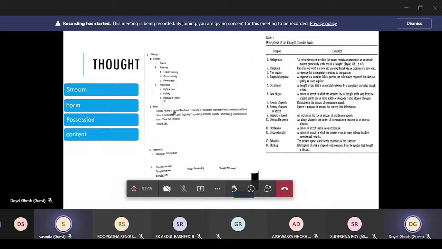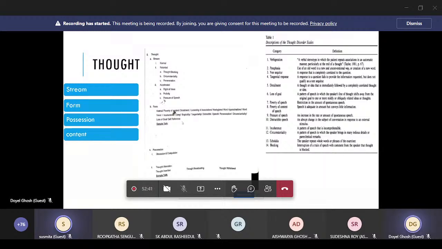Then coming to form of thought, that is the shape or form of the thought. So there may be poverty of content, we have discussed. There may be derailment. Derailment is losing the track, gradually drifting from the normal track. There may be loosening of associations.